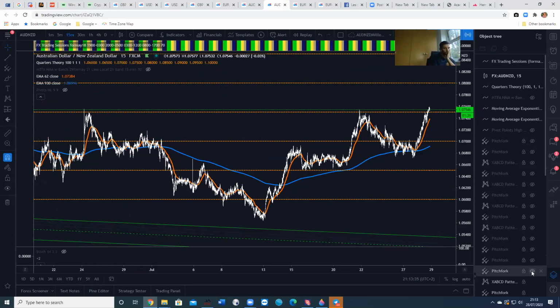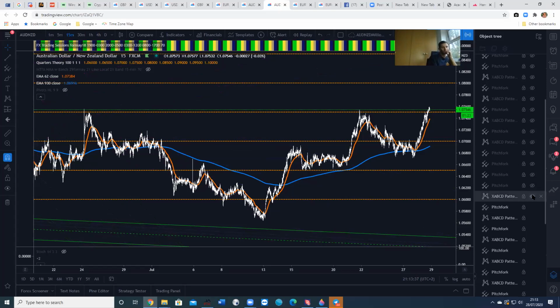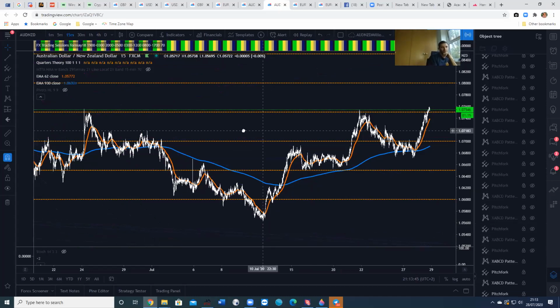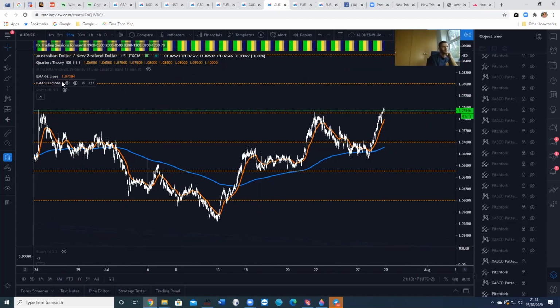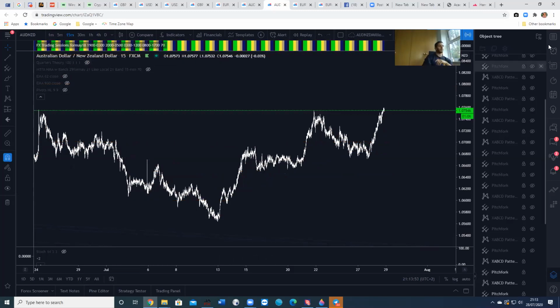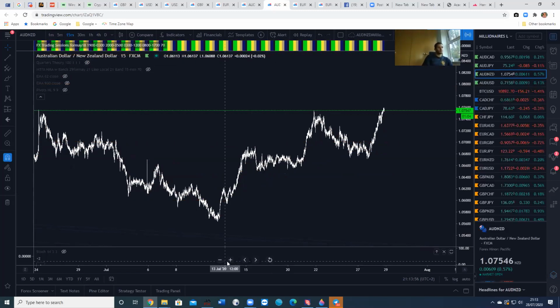Then your muscle memory in your brain has less to consciously think about. You can focus just on the trade rather than thinking, why did I draw a green line or a blue line? That's it. Just get rid of that. So I'll get rid of these other indicators. Right, so now we have a nice clean chart.